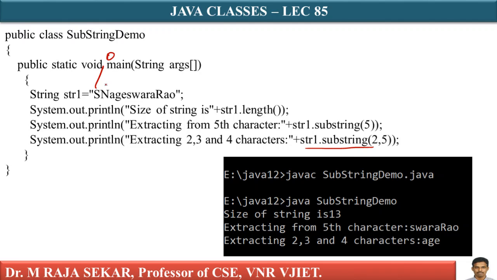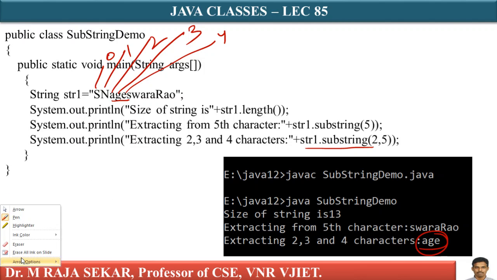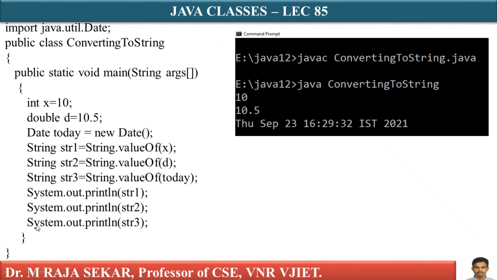This is 0, 1, 2, 3, 4. 2 comma 5 means till 5 minus 1, that is 4. So 2, 3, 4. That is age. Just see, it is displaying age. Yes, this is about substring.